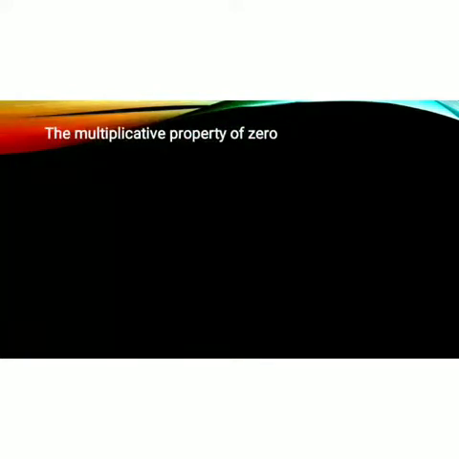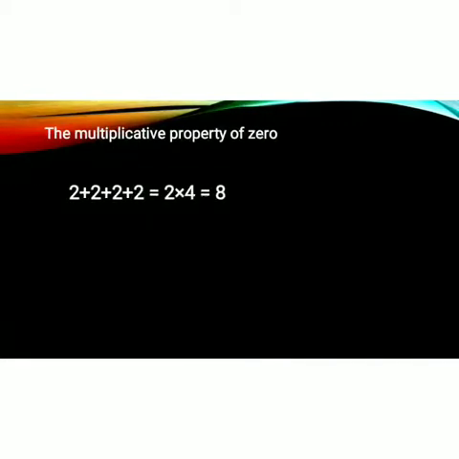The multiplicative property of 0. Now here children, whenever we multiply 0 with any number, then what will we get? Now for example, if we are adding 2 four times, it means 2 multiplied by 4, that is 2 fours are 8.